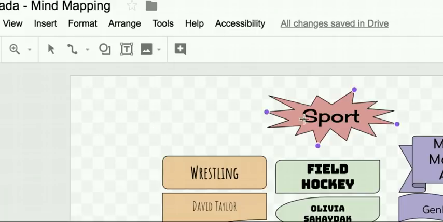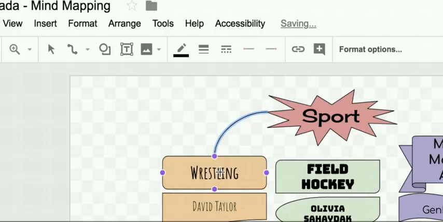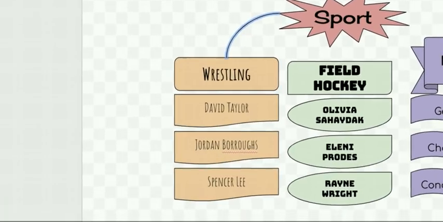So if I go curved connector and I mouse over top of one text box, you can see I get little handles. I get 4 handles on each one. So I'm going to connect one handle to the other handle, and you can see it automatically curves it. Now I can say, okay, I want that to curve, and I want it to be down to here and down to here, and you can see I could do them all at once.